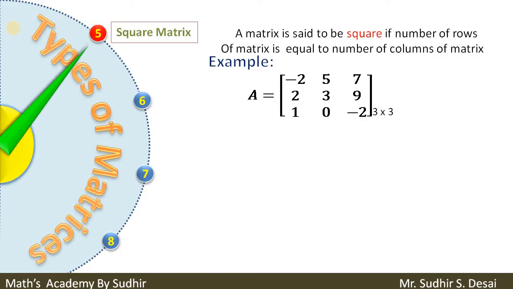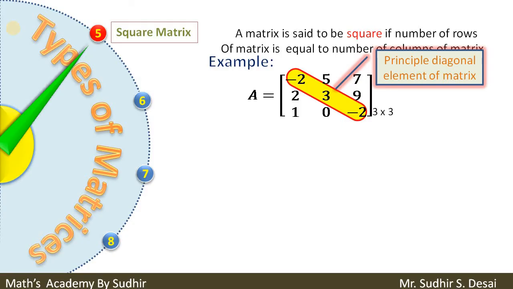So this matrix is a square matrix. More, the elements highlighted, which are -2, 3, -2, are called the principal diagonal elements of the matrix. Remember this. So a matrix with number of rows equal to number of columns is called a square matrix.